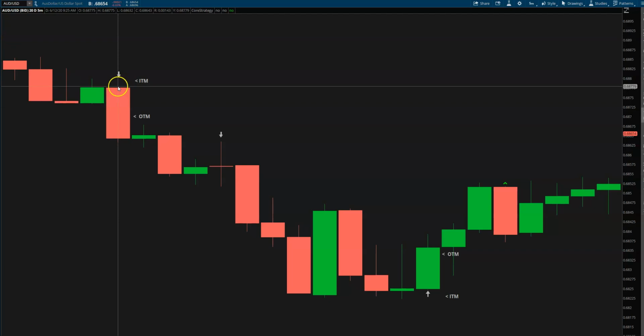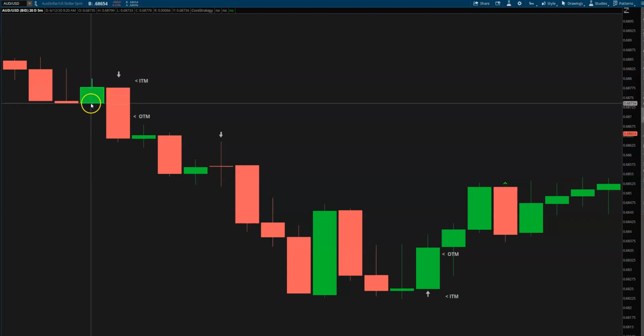So here's an example of a couple of setups that we had for the week. As you can see here, obviously you're familiar with candlesticks. If it's red, that means it opened up here and it closed down here. So it was a down bar, a down candle, a red candle. If it opens and closes higher within that 5 minutes, you get a green candle.